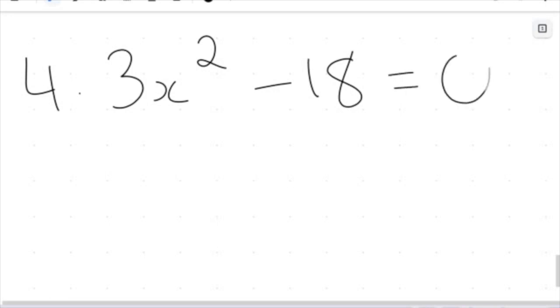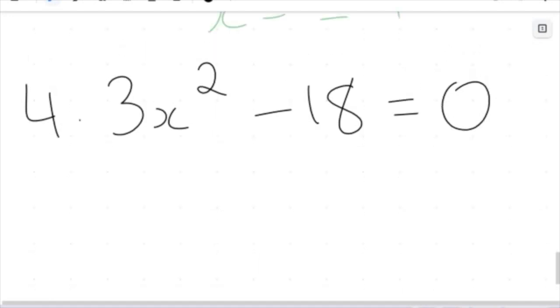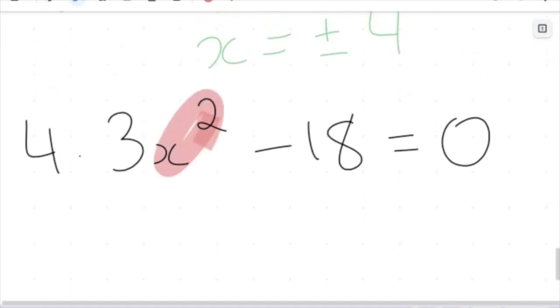Now, I get for this example 3x squared minus 18 equals 0. So you may notice here I have one perfect square, but 18 isn't a perfect square.